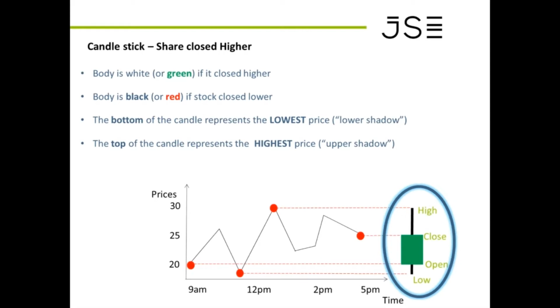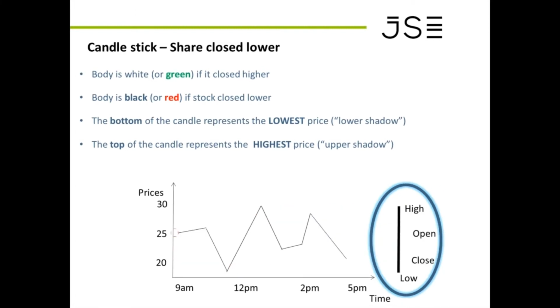So here's an example of a candlestick that opens at a higher price and closes at a lower price, and therefore the candlestick's going to be red because it opened higher, but during the day it started falling and it closed at a lower price. You know that this stock is starting to fall, and if you see a number of red candles in a row, then it gives you more information on exactly what's happening.